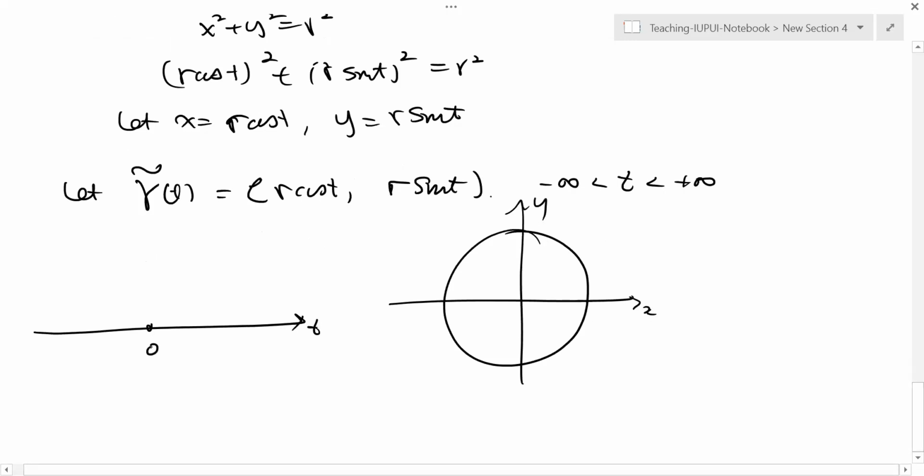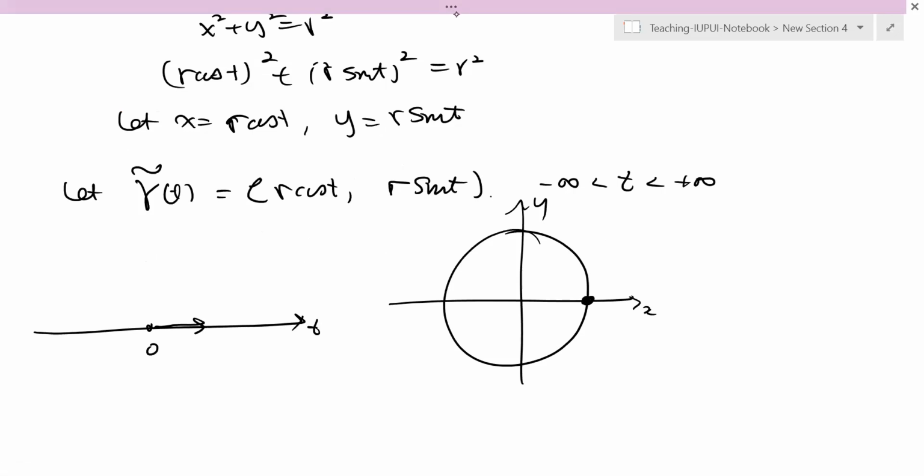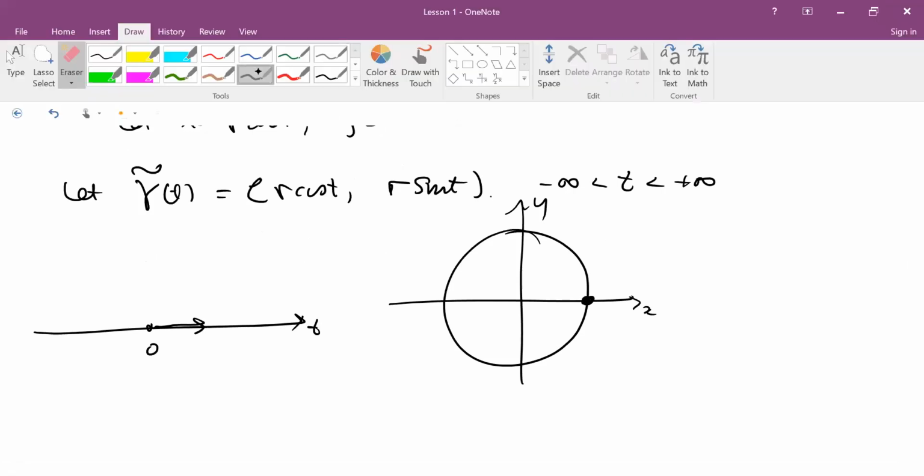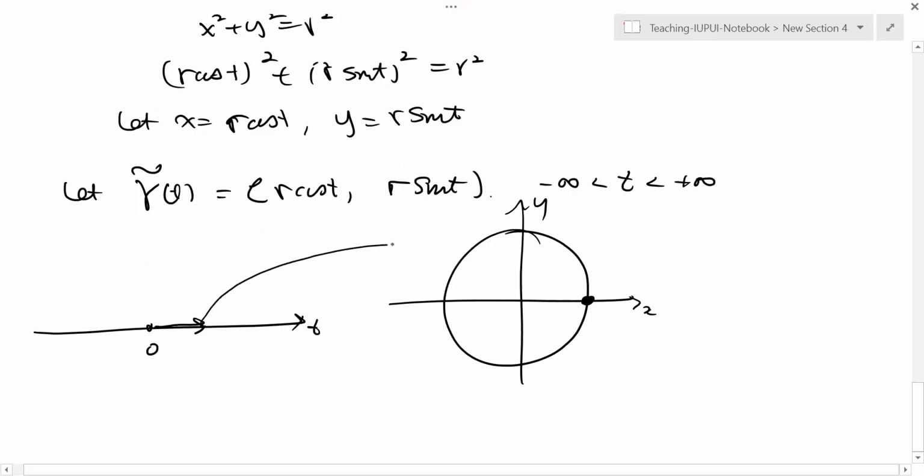Okay, when t starts from 0, it's going to be here. When t increases, this is the image, right? You imagine it's moving. When t increases, you get some point here. And clearly, when t increases from here to here, you rotate from this side to this side, and this will be pi.